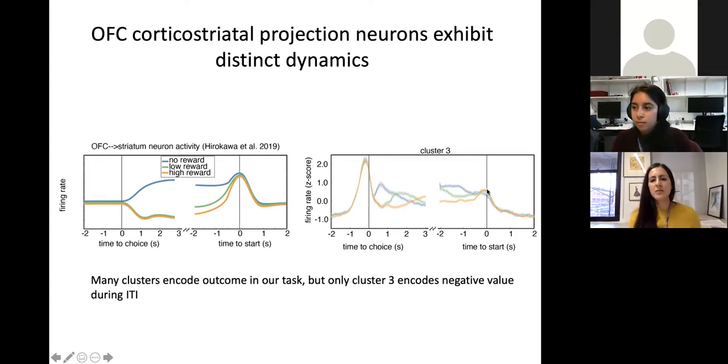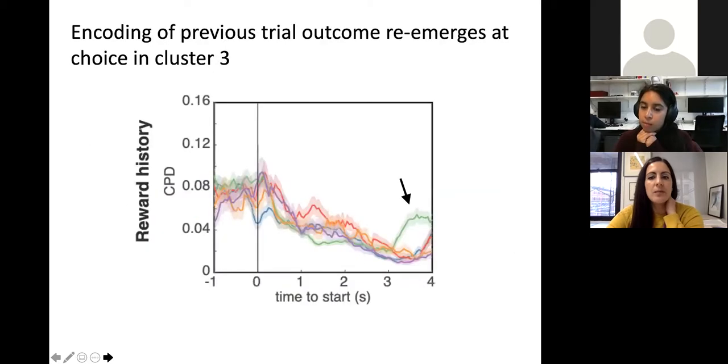This was super exciting because it's really hard to replicate things, and this is a different lab using a totally different task. And yet we were able to identify a cluster that had qualitatively similar responses to their cluster that projected to the striatum. So that suggests that cluster 3 might include neurons that project to the striatum as well.